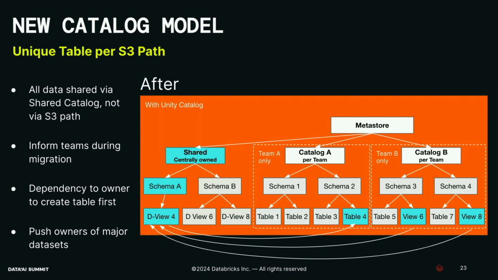The problem is this creates dependencies between consumers and producers. So what we try to do is push the major data owners to be the first adopters so that all the others can use these tables already. But this is a little bit of friction in migration, especially at our scale.